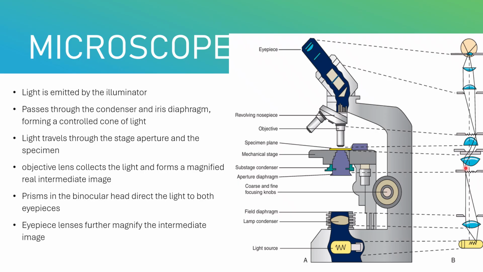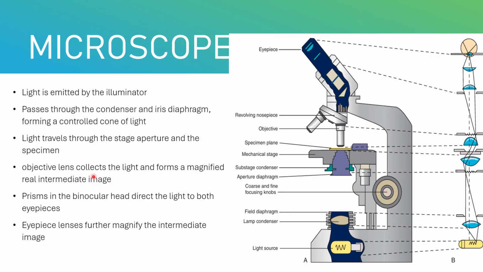Then the light travels through the stage aperture and the specimen. The specimen will absorb some of the light and will somewhat scatter other light.